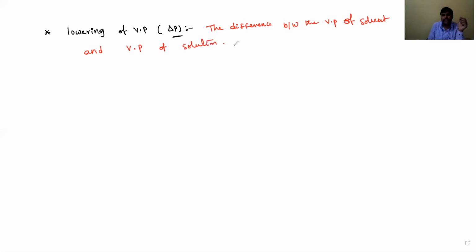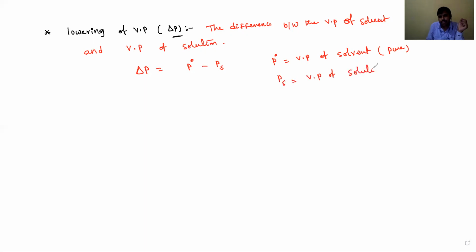So delta P equals P naught minus Ps, where P naught is the vapor pressure of pure solvent, and Ps is the vapor pressure of solution.